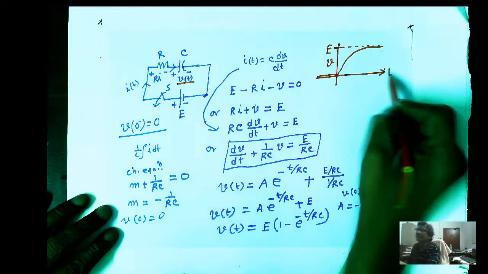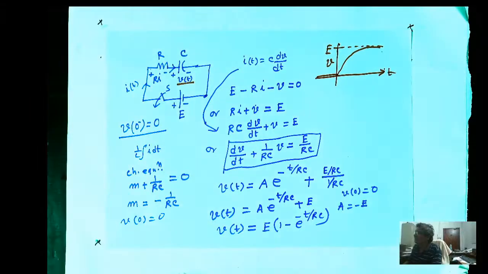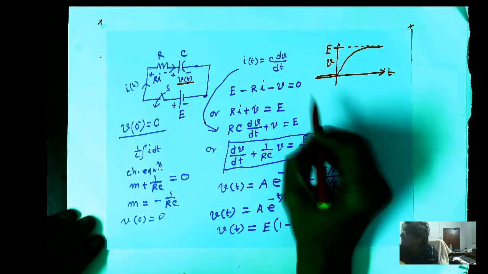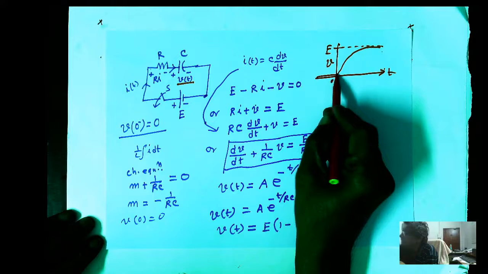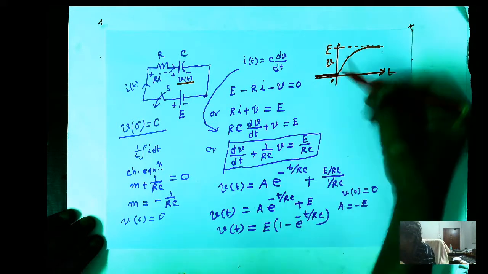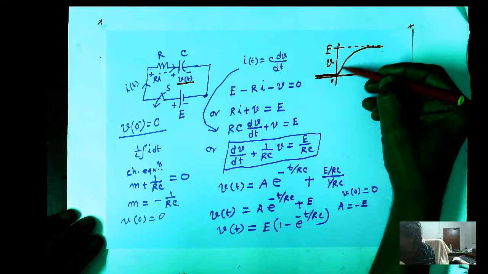About the time constant, RC is called the time constant of the circuit, as L by R is the time constant of the RL circuit. By the time it reaches approximately 63 percent of the final value, that is called the time constant. Voltage across the plate of the capacitor was 0 before t is 0, then exponentially it will rise like this.